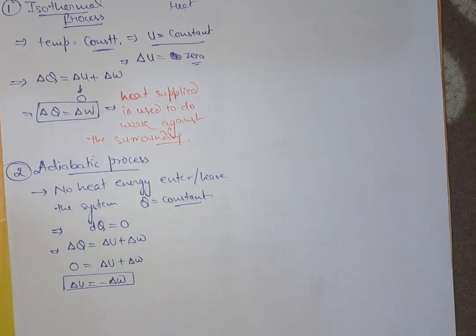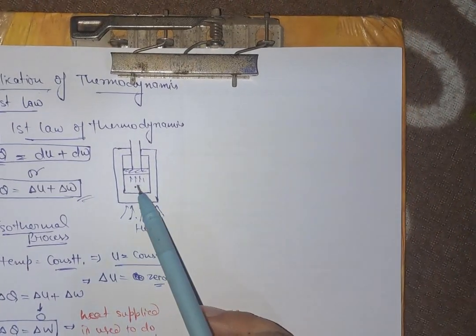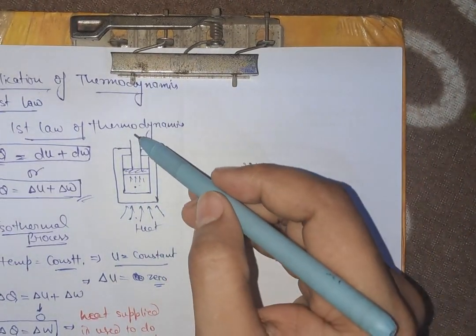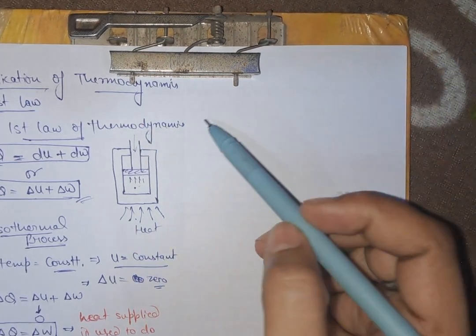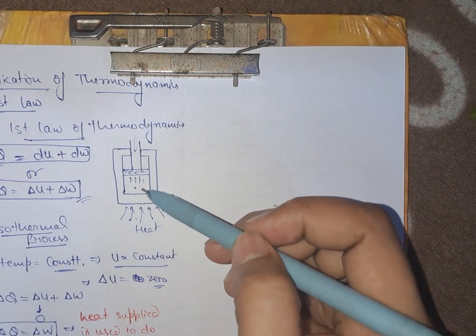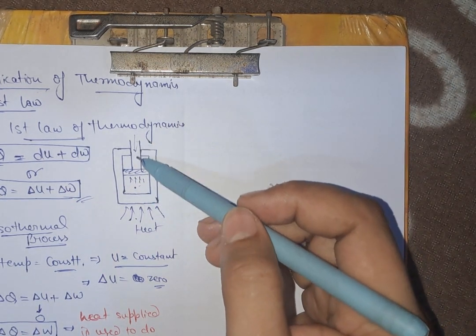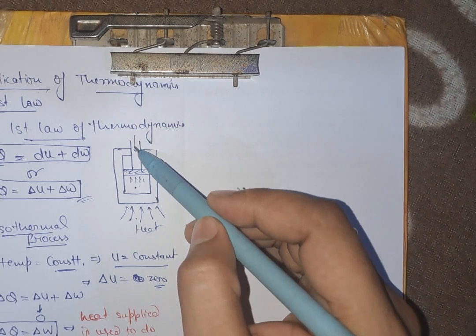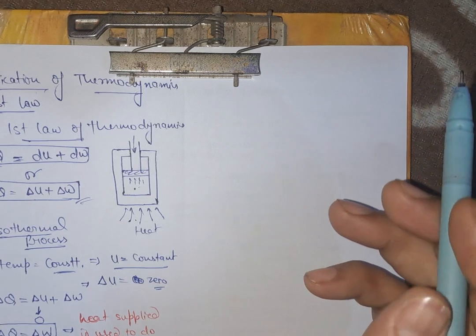So what does this tell you? When there is any kind of change, let us suppose in this system the piston is directly pushed or the system is directly pulled up, the overall heat that is generated will be nothing but the change of the work done. Suppose it is compressed, this piston is pushed down.